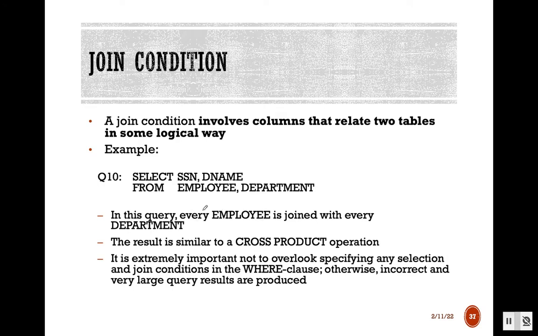If we write a query which selects from more than one table, it is going to fetch all the records as a join of two tables, and the result is similar to a cross product operation.